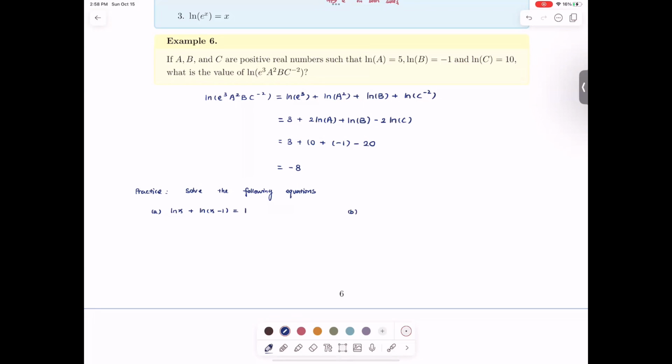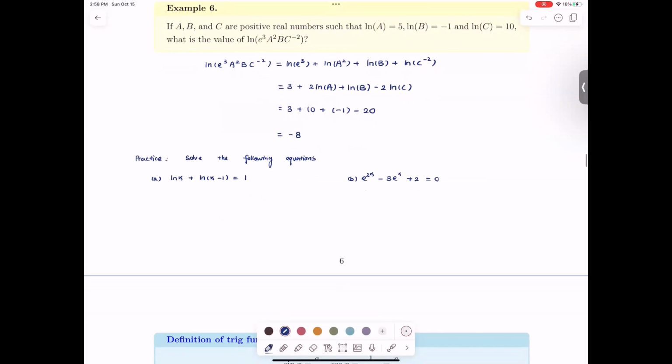B is e to the power of 2x minus 3 times e to the power of x plus 2 equals 0. Okay, do them for homework.